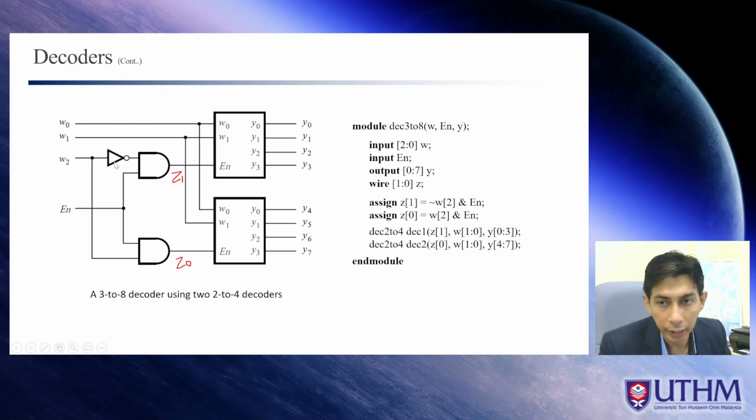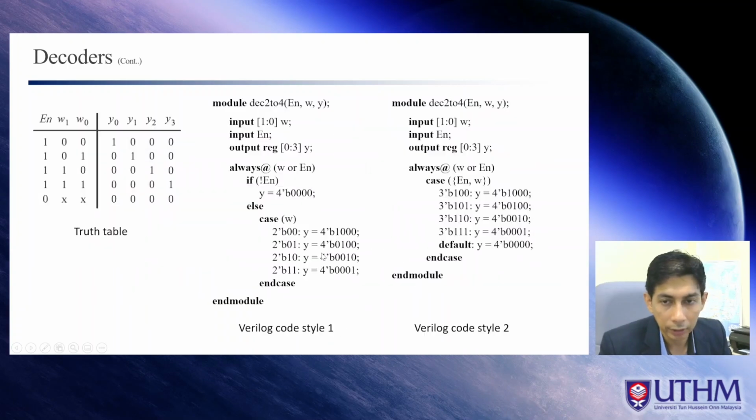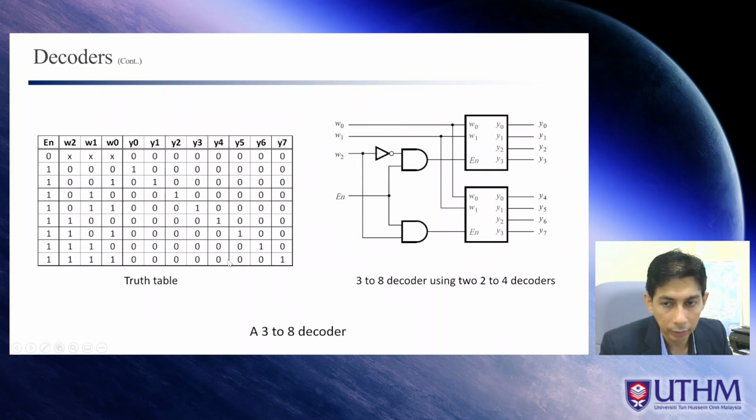In this case, you have 3 inputs, you have 8 outputs. If you have 4 inputs, you will have 16 outputs. If you have 5, you will have 32 outputs, and so on, right? But you can do that because you can code in this style using behavioral modeling, all right? As long as you have the truth table.